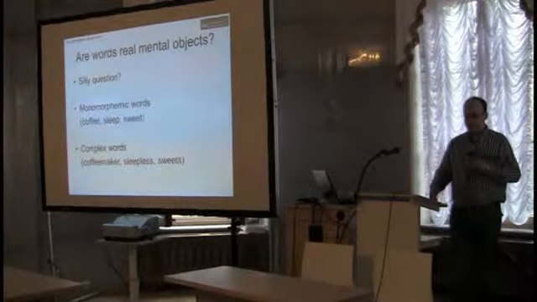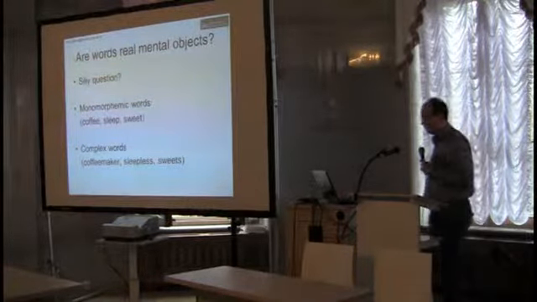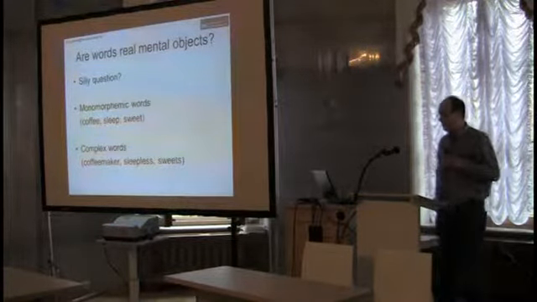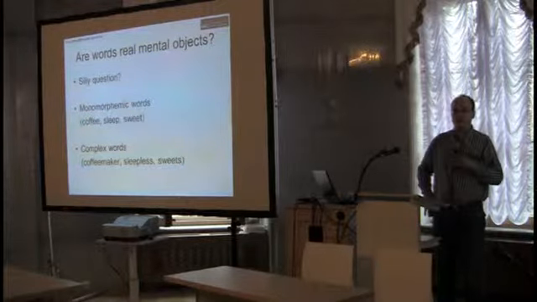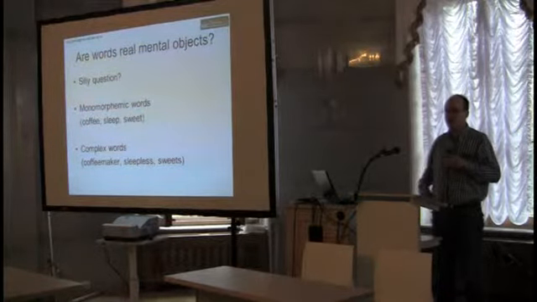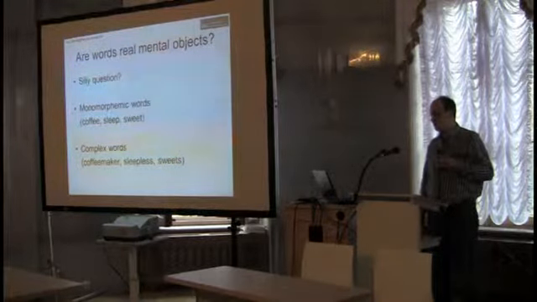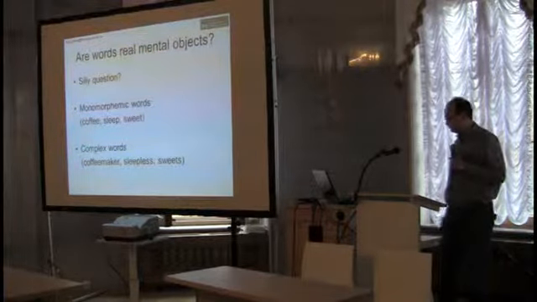Still a silly question, but it becomes perhaps less clear-cut when you get to complex words. So with monomorphic simple words, you can say, of course, a word is a unit, it's the unit you perceive and the unit that you store. Words like coffee, sleep, sweet, nice are monomorphic words.